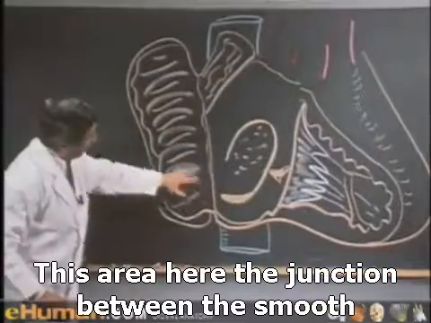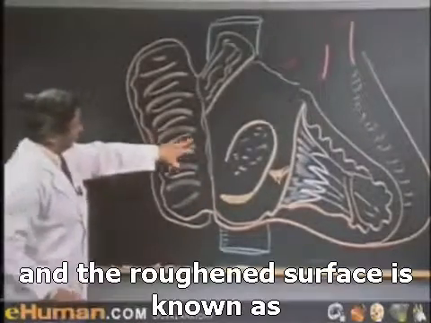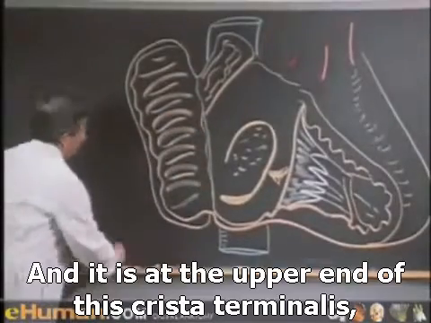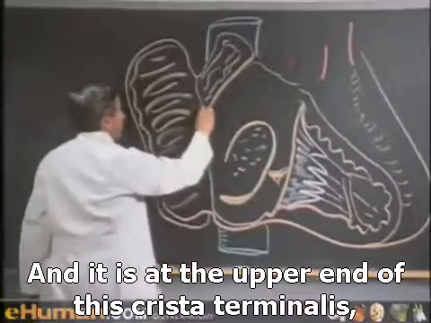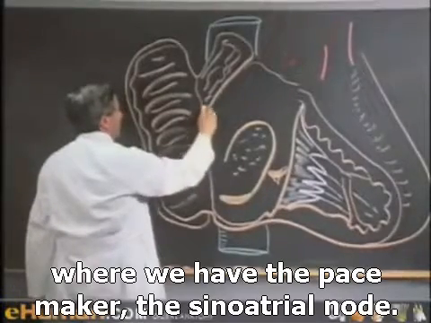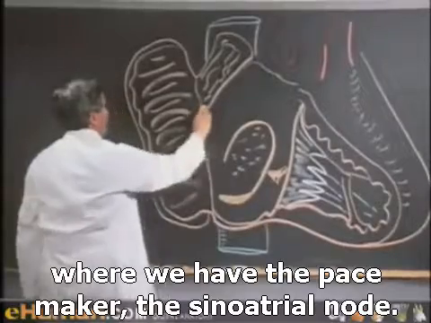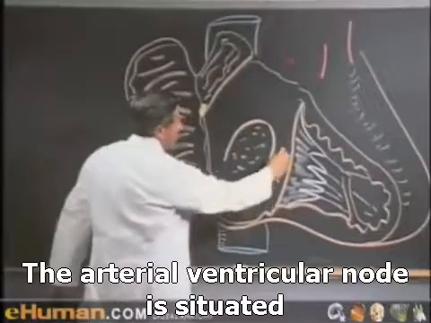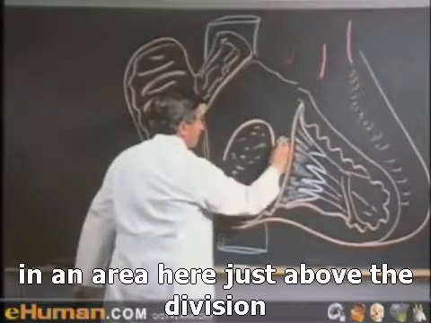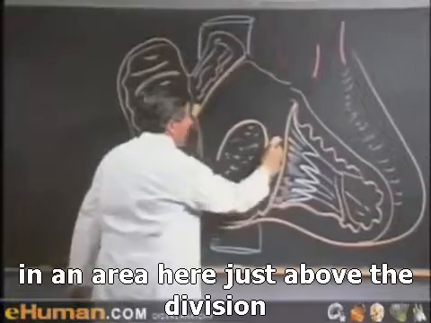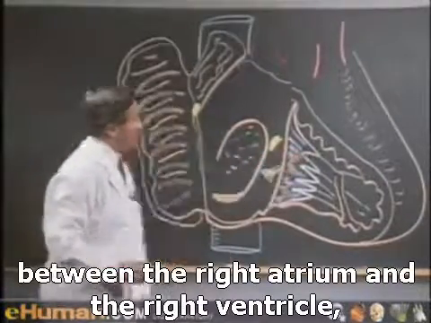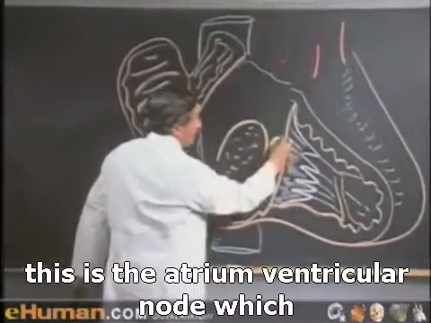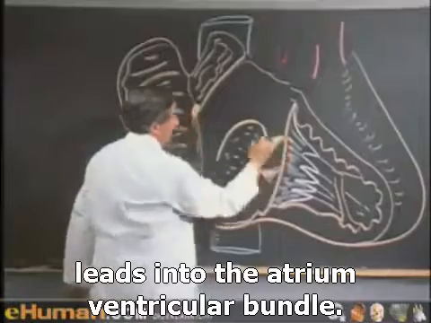This area here, the junction between the smooth and the roughened surface, is known as the crista terminalis, and it is at the upper end of this crista terminalis, in this region here, that we have the pacemaker, the sinoatrial node. The atrioventricular node is situated in an area here, just above the division between the right atrium and the right ventricle. It's underneath the endocardium, and this is the atrioventricular node, which leads into the atrioventricular bundle.